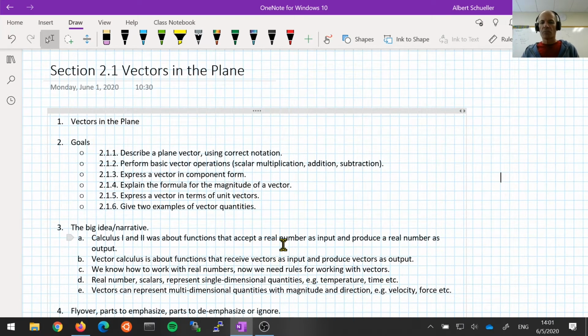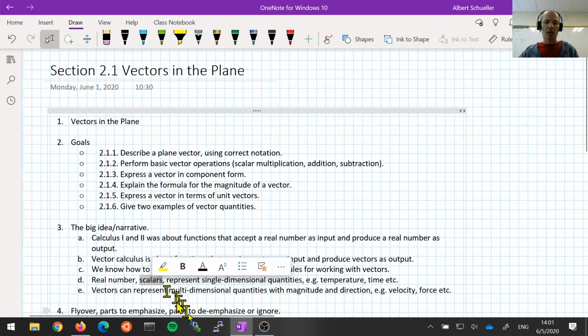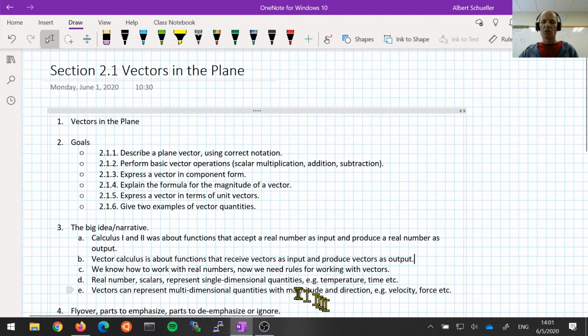Real numbers, scalars as we call them, are single-dimensional quantities. They represent things like temperature, time, cost, profit. Vectors, on the other hand, can represent multi-dimensional quantities. These are quantities with magnitude and direction, and we're familiar perhaps with some of them from physics. Velocity is a vector.